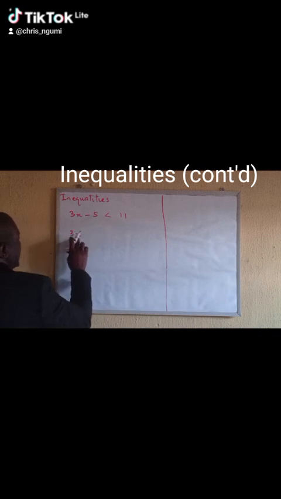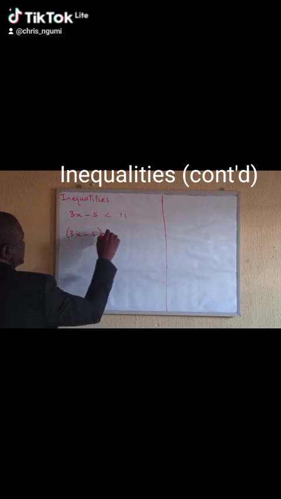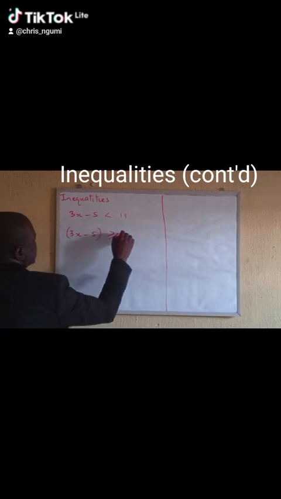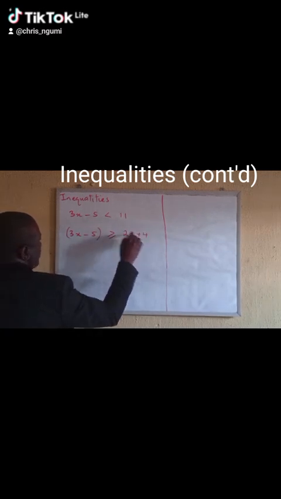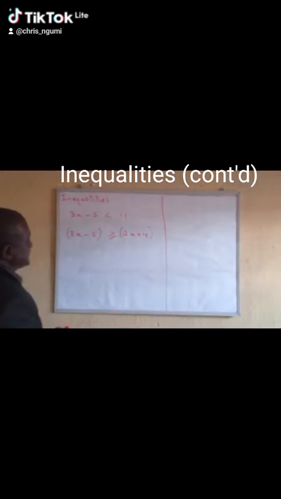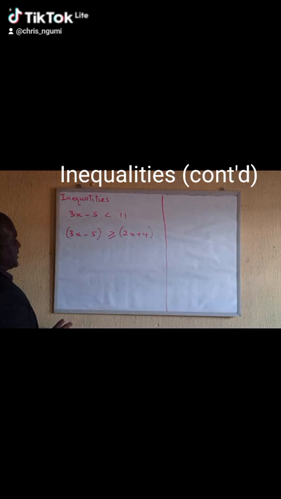Let's say you have (3x minus 5) greater than or equal to, let's say, (2x plus 4). This is an inequality with brackets.